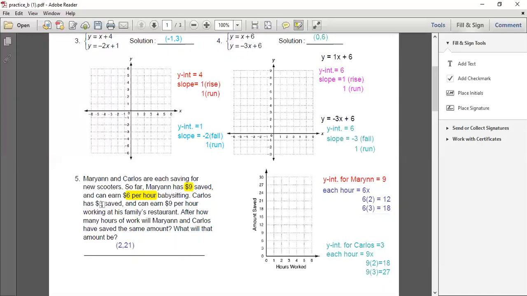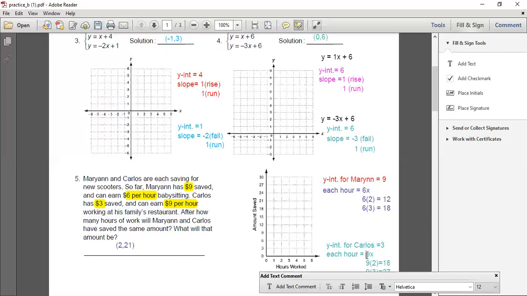Now coming to Carlos, he has $3 saved, which means the y-intercept for Carlos is going to be 3, and he can earn $9 per hour. So in 1 hour it's 9, 2 hours it's 18, 3 hours it's 27, and so on. That's why I wrote the equation 9x, because x is the number of hours.